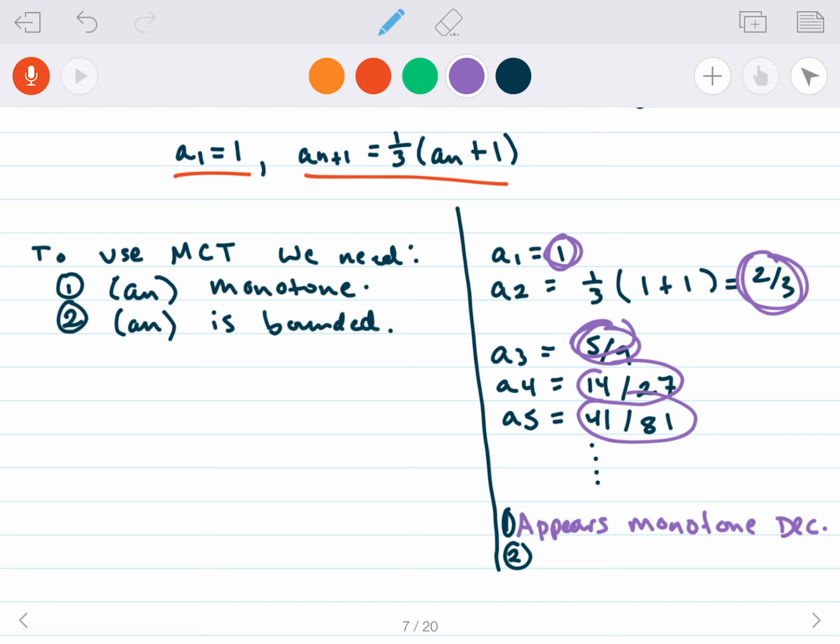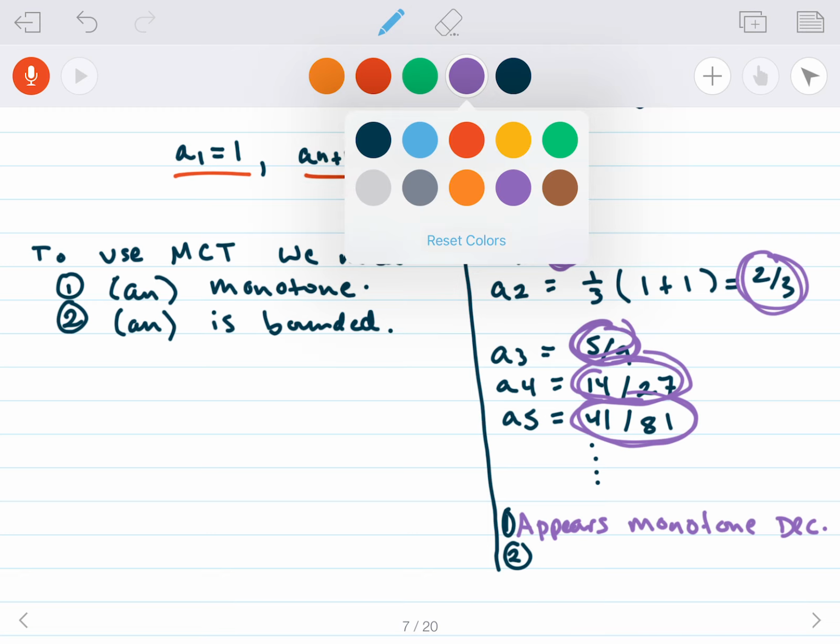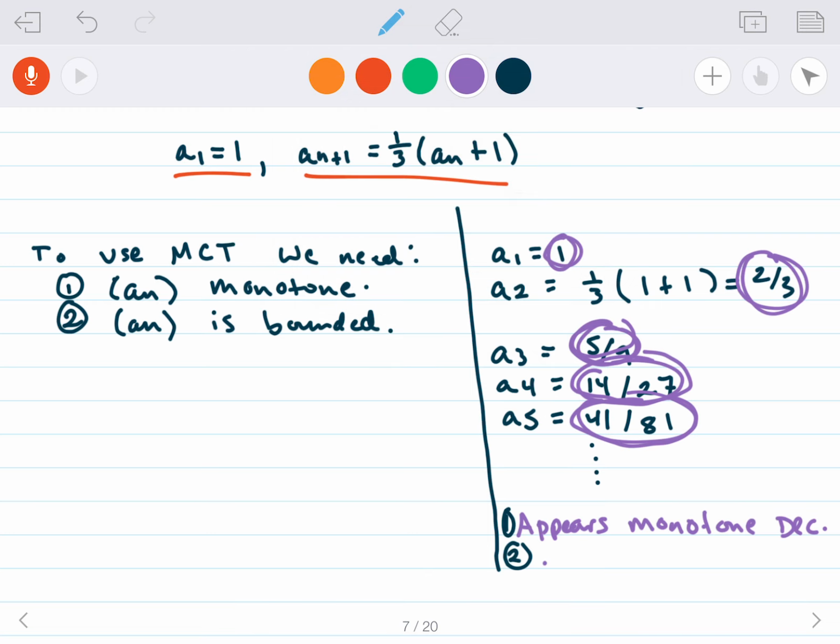Because we're going from 5/9 to 14/27, which is a little bit bigger than a half, and then 41/81, which is still a little bit bigger than a half, and so forth. And so it looks like this is bounded below by a half. So let's justify these two things so that we can use the monotone convergence theorem.